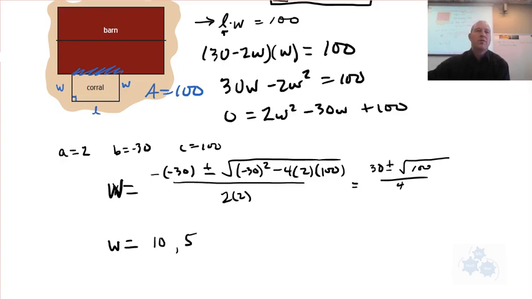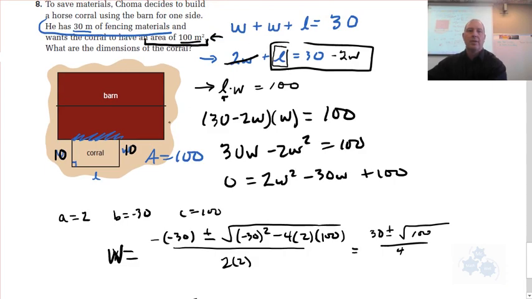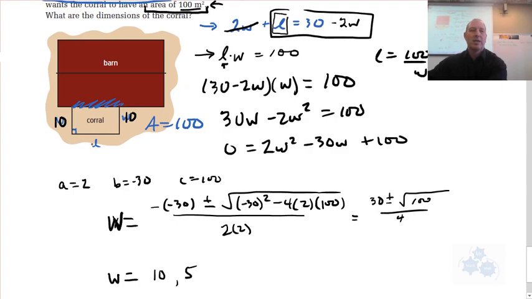Now what you have to do is figure out which one is going to be reasonable, or both. Both could be reasonable, but you might have to reject one. So for example, if the width was 10, we know that the length is what? Well, the length times width is 100, so the length is going to be 10 as well.